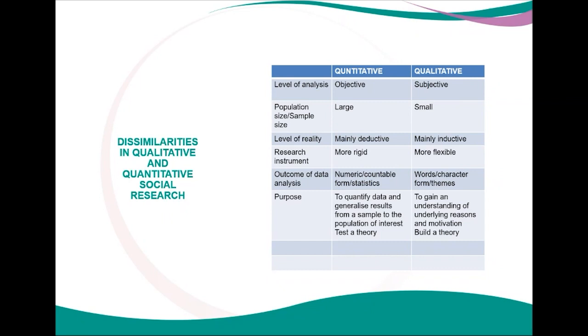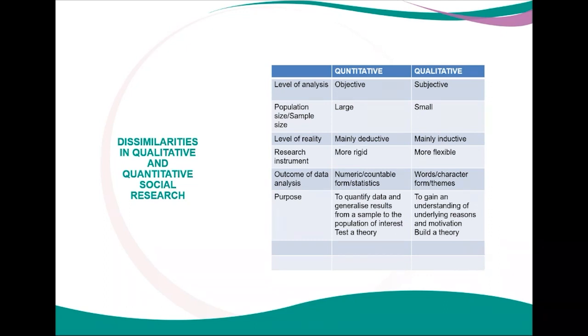Level of reality: quantitative is deductive, and qualitative is inductive. Research instruments in quantitative are more rigid, for example, if you use a survey, whereas qualitative is more flexible in terms of the choice of the research instrument.